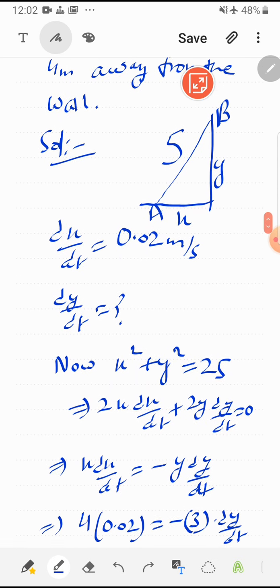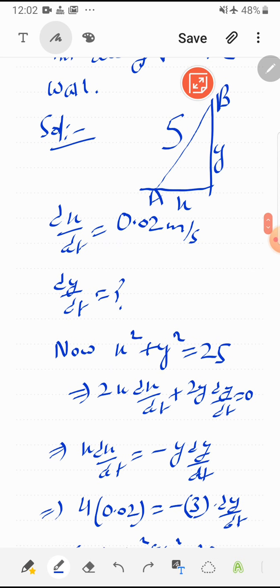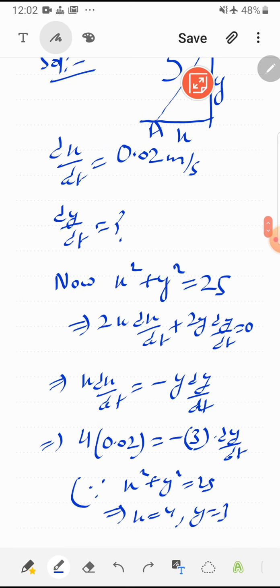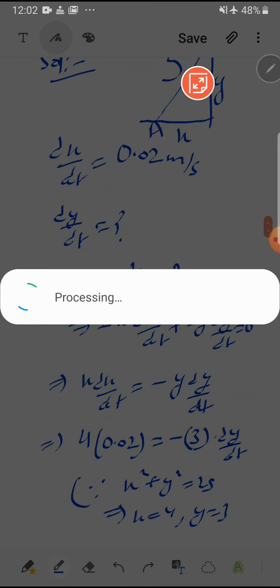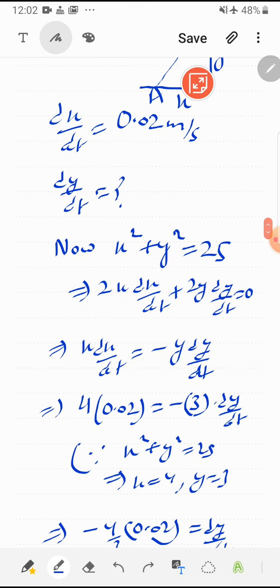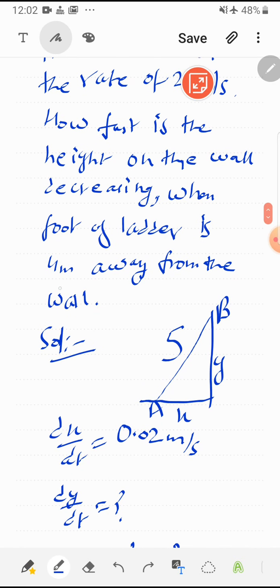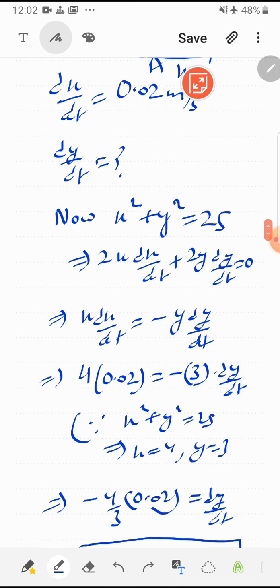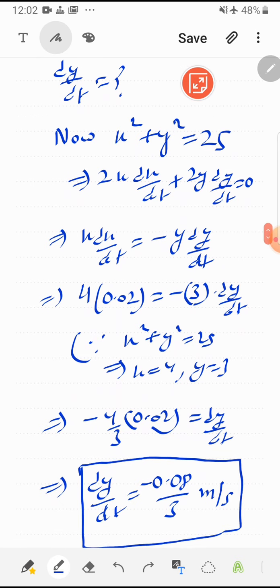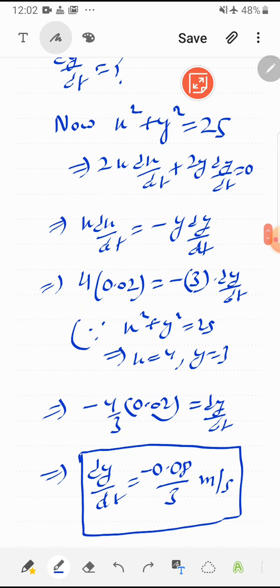Differentiating with respect to t, 2x dx by dt plus 2y into dy by dt is equal to 0, or x dx by dt is equal to minus y dy by dt. dx by dt is 0.02, x is given 4, the base is given 4, so by Pythagoras y is 3. Putting all these values, I am getting dy by dt is equal to minus 0.08 over 3 meter per second. You can simplify this further, or you can leave the answer up to here.